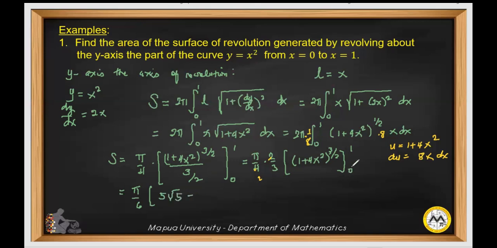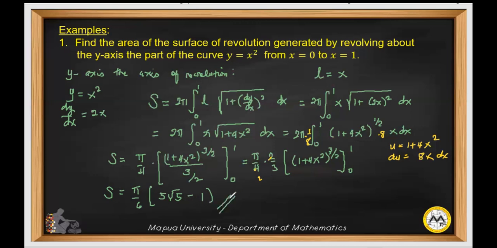Then minus, when x is equal to 0, that will give us 1 raised to 3 over 2, and 1 raised to 3 over 2 is 1. So we have the area of surface of revolution equal to pi over 6 times the quantity 5 square root of 5 minus 1.